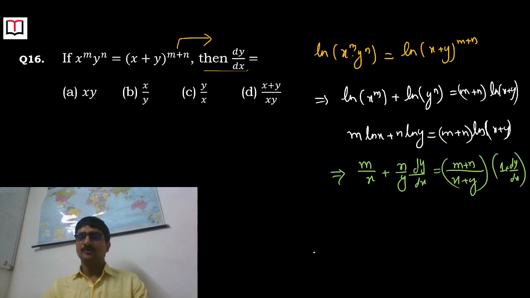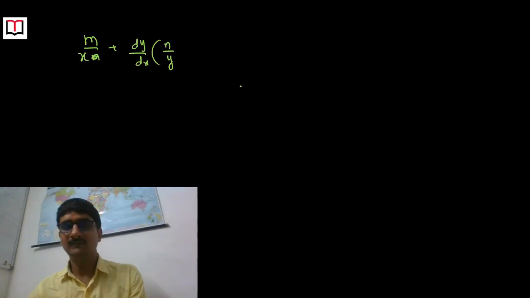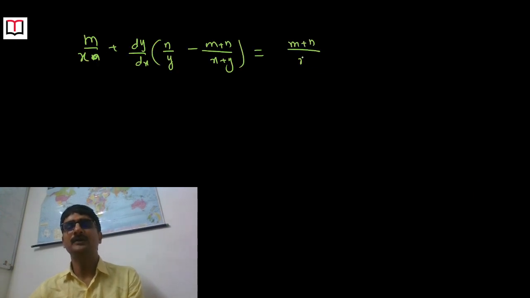Okay, so if we collect the terms of dy by dx, it seems to be a bit lengthy one. So essentially m by x plus n by y dy by dx. If I just collect the terms here, so it's n by y minus m plus n over x plus y, dy by dx, is equal to m plus n over x plus y minus m by x.